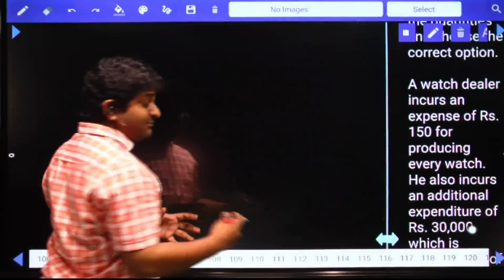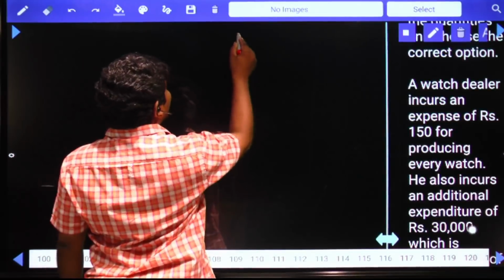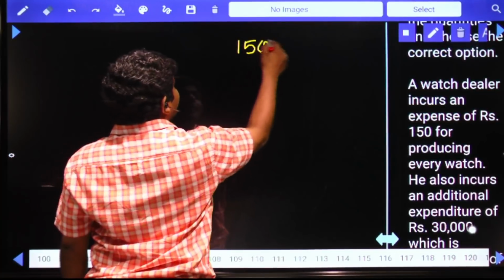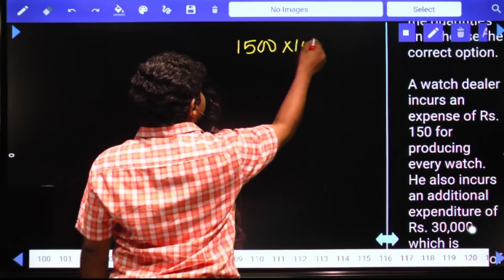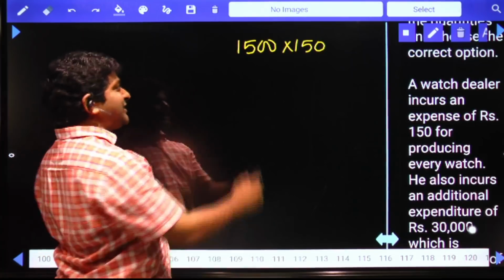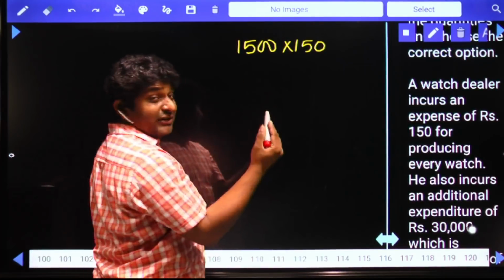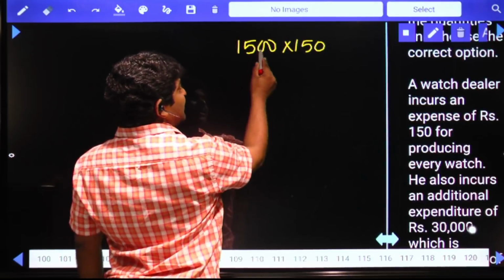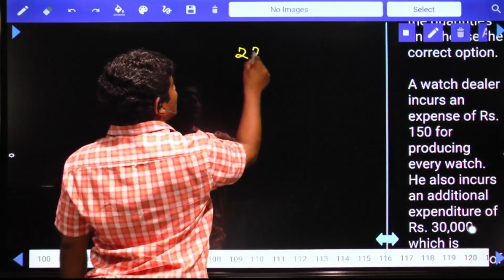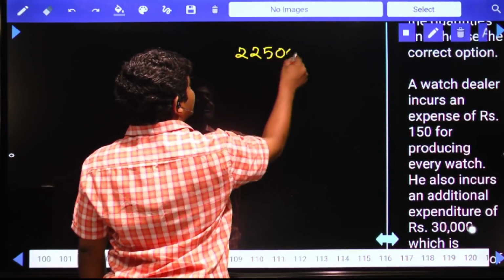To manufacture 1500 watches, cost incurred is going to be 1500 into 150 rupees. And then fixed expenditure is 30,000. First let us calculate this. 3 zeros are there. 15 into 15, 225. That is 225 and then 3 zeros.